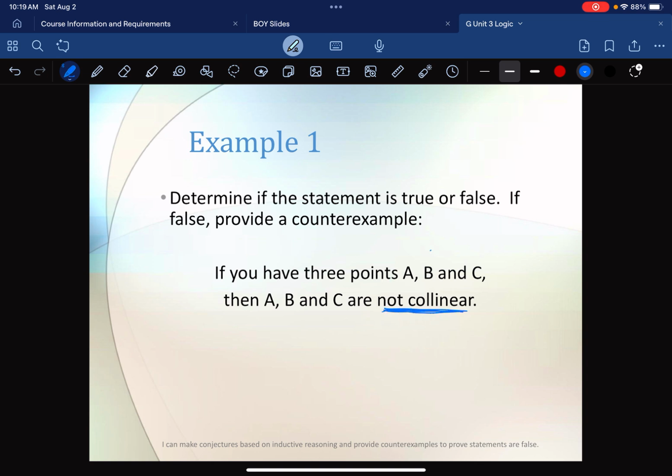Well, what this is assuming then is that there's no way I could draw a picture where A, B, and C were all collinear on the same line. Well, yeah, that's pretty simple to do. So here's an example where A, B, and C are collinear, and it only takes one statement to prove that something is false. Now, therefore, this statement is false. Okay, and this is my counterexample, this picture. So this would be my counterexample.